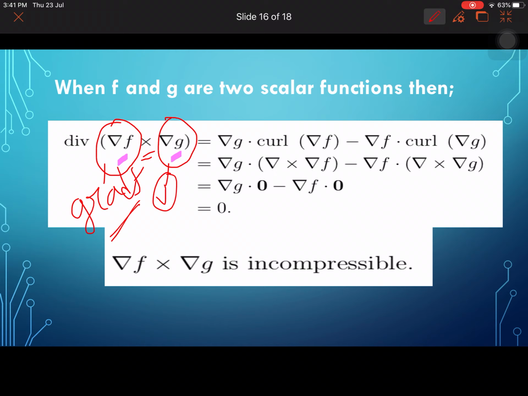It is not 0 bar. You please understand the difference between this one and this one. This is not the bold letter, it is a scalar, whereas this is a null vector, this is also a null vector. So they are written in a bold letter. That means they have the caps like our military personnel is having, like police is having. So vector, you should give respect to the vector.